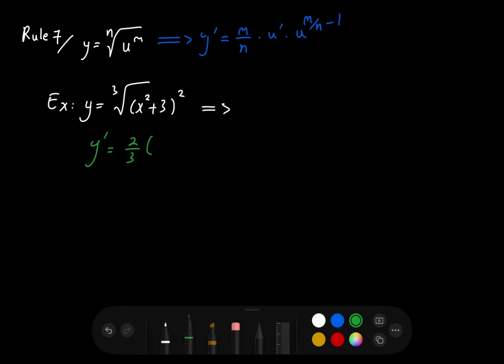The derivative of x squared plus 3 is simply 2x. And then you multiply that by x squared plus 3 raised to the power of 2 over 3 minus 1. So the power of your u is going to be 2 over 3 minus 1, which is essentially negative 1 over 3.